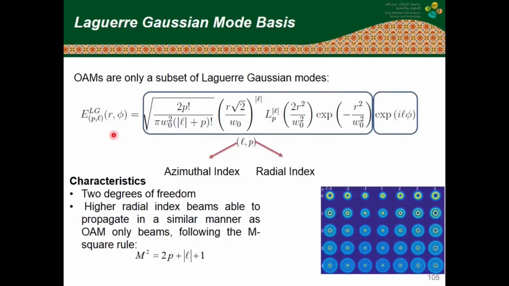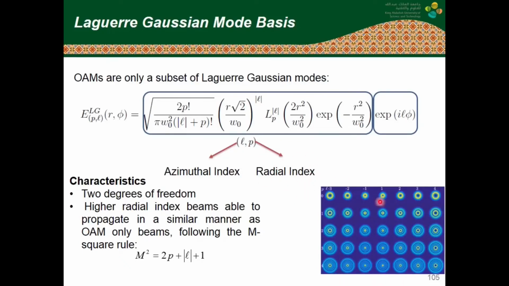So the LG beams form a complete orthonormal basis and are characterized by two main indices, the azimuthal index, which is the topological charge, and the radial index. So those beams have 2 degrees of freedom. And when we say only OAM beam, it's an LG beam with a radial index of 0.